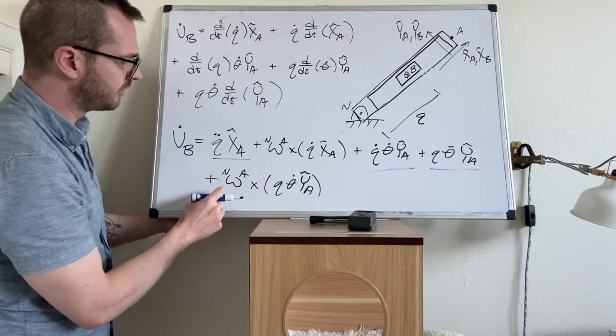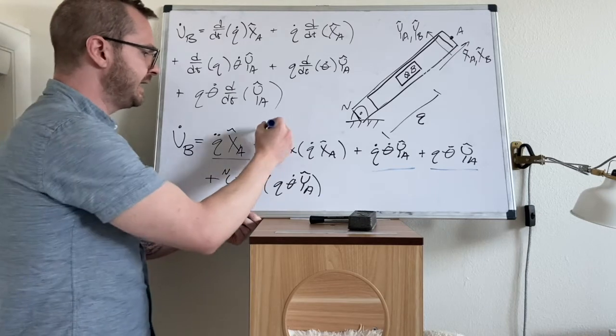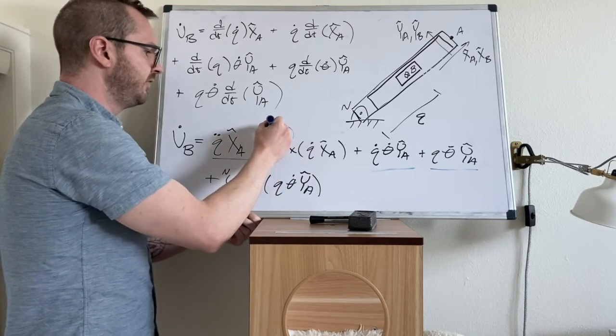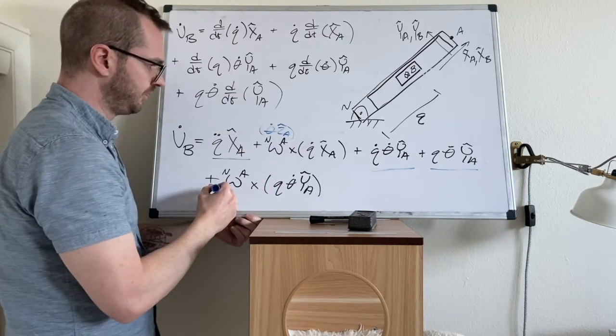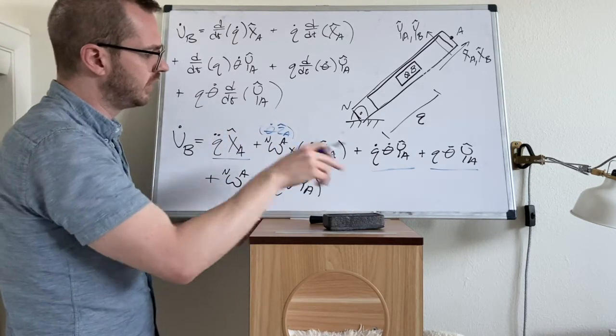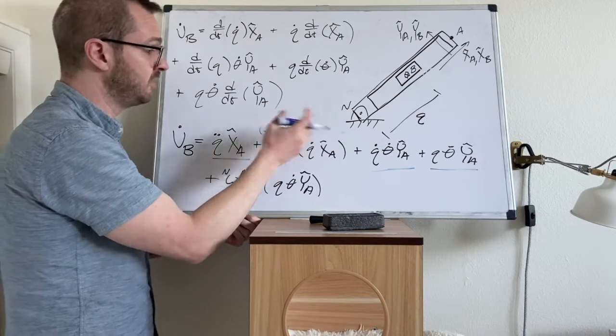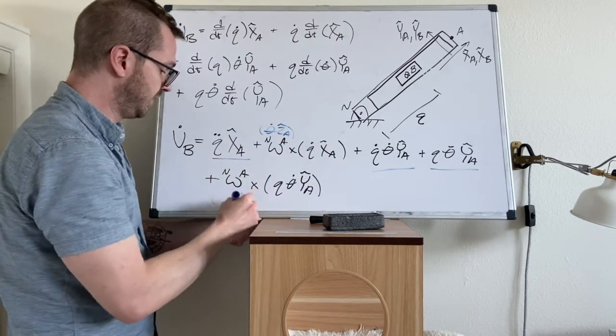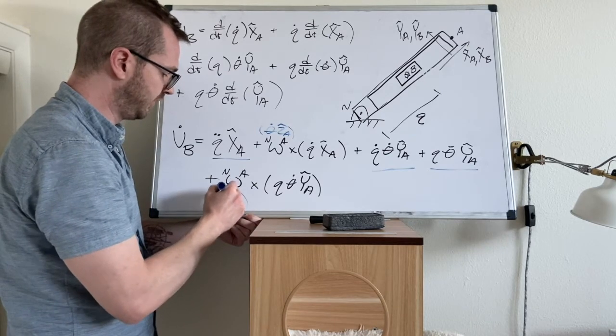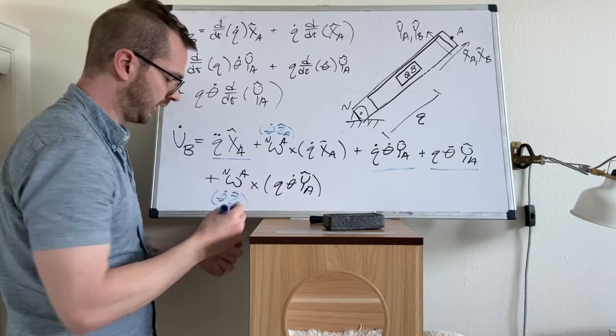We have these two terms to contend with. Omega NA is theta dot ZA. And of course we could write this as omega NA ZB, and of course XA is equal to XB. And then this one is theta dot ZA as well.